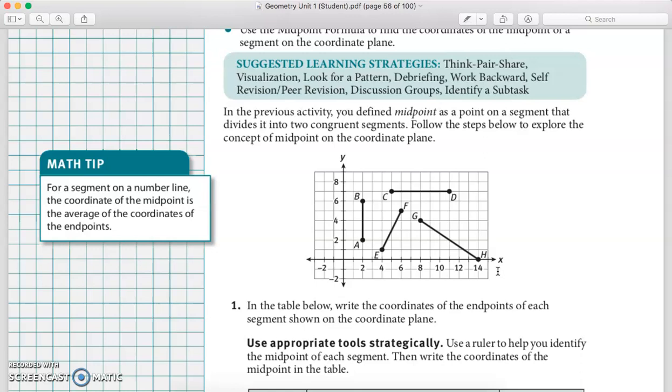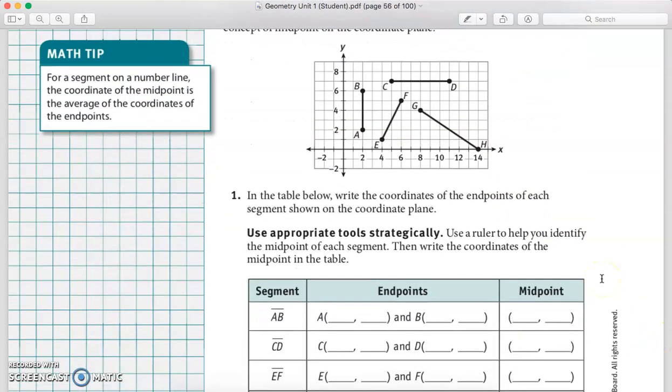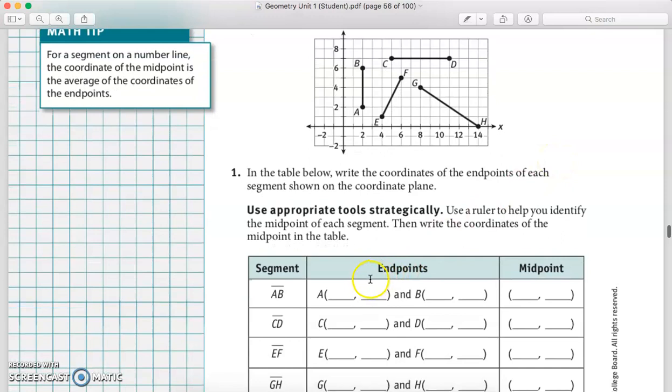Right here we're going to follow these steps to explore the concept of a midpoint on the coordinate plane. In the table below, write the coordinates of the endpoints of each of the segments you see on the graph. Just write them in the blanks. Point A goes right here, point B goes there, and so on.